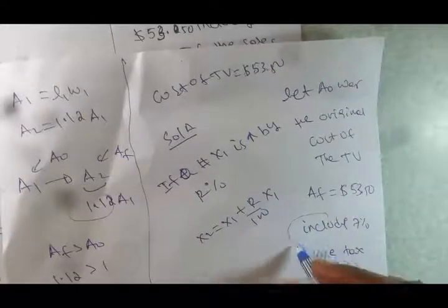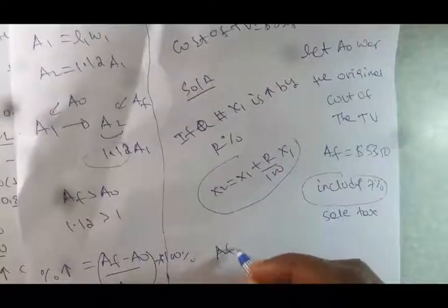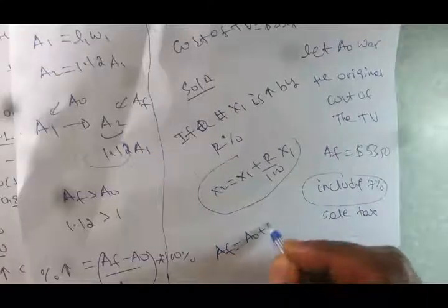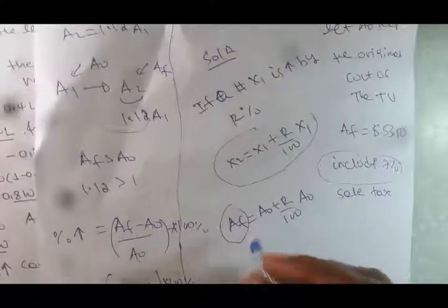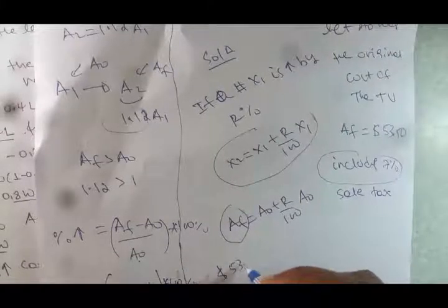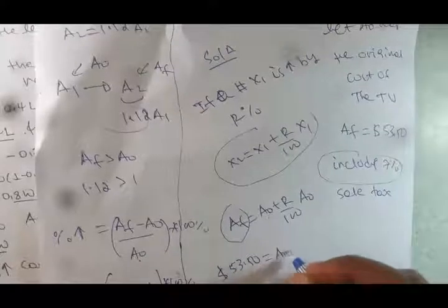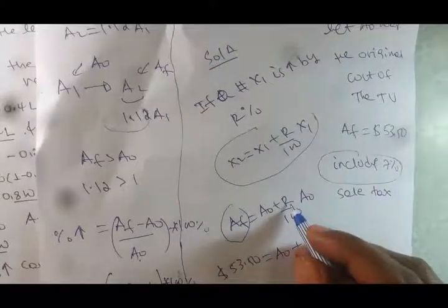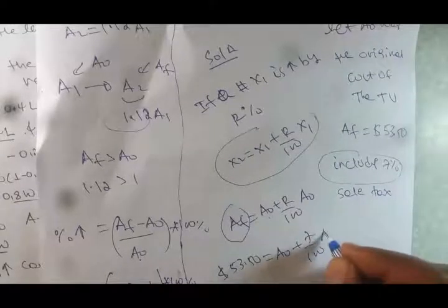And we know that whenever there is an addition or an increase, we use this formula. Therefore, A final is equal to A0 plus r over 100 of A0. We are already given A final, $53.50, is equal to A0, which is required to find, plus, how many percent was added as sale tax? 7%. Therefore, 7 over 100 of A0.